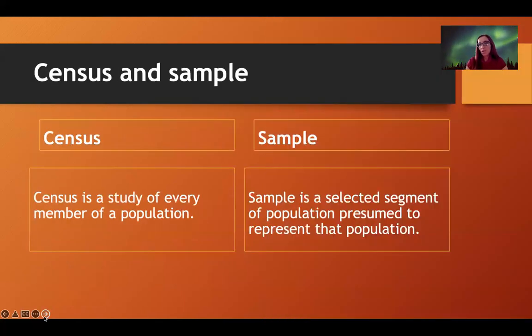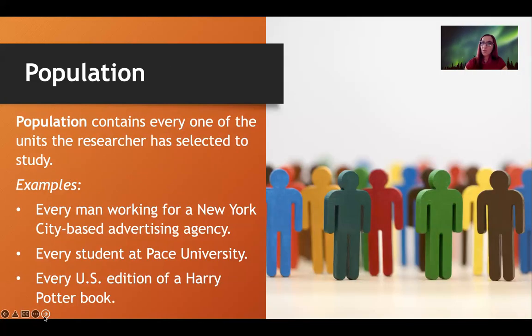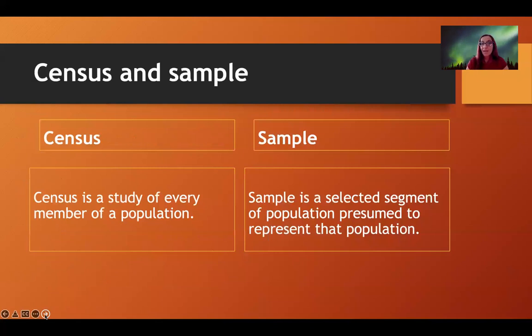Now, let's take a look at the difference between census and sample. Population, to repeat, is every one of the units that the researcher has selected to study. Census is a study of every member of a population. Sample, on the other hand, is just a selected segment of the population that actually represents that population. We believe that that sample would represent that population.